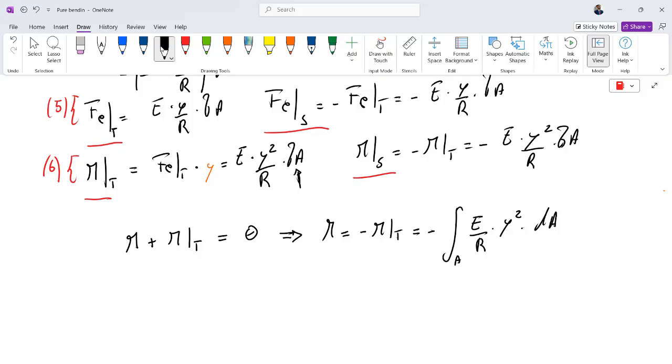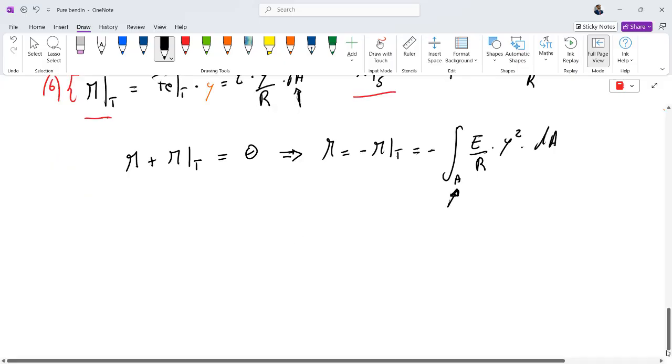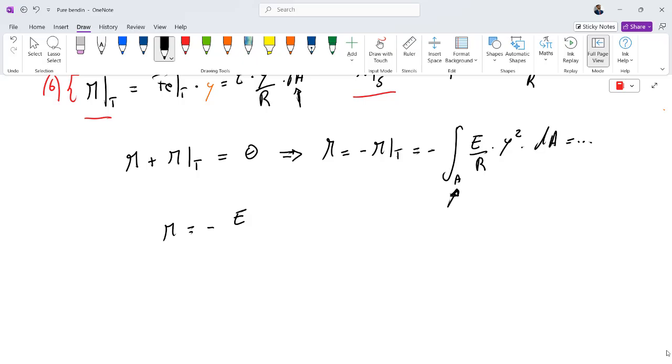This is all the cross section area. So we can obtain that M is equal to E divided by radius times the integral on the surface A of y squared times dA.